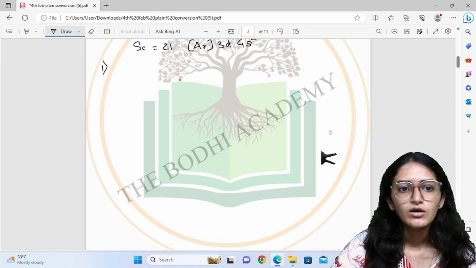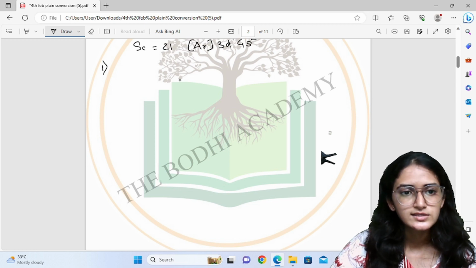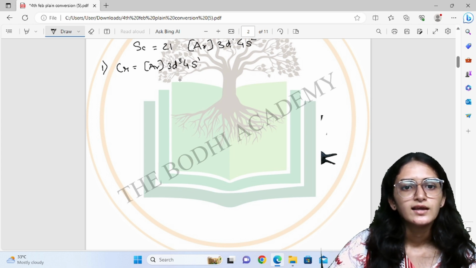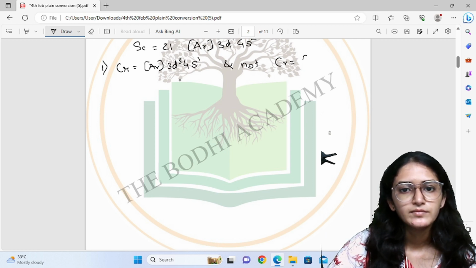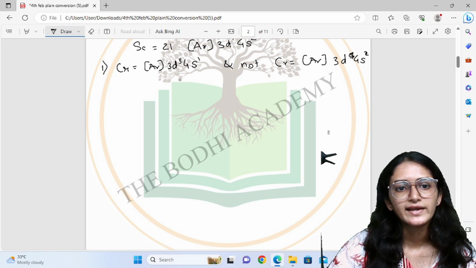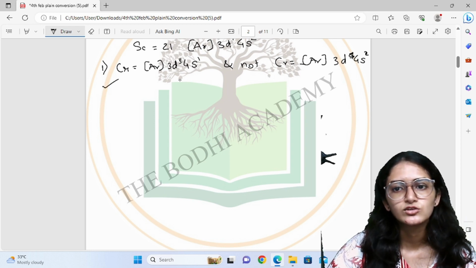The chromium configuration is argon 3d5 4s1, and the question is why it is not argon 3d4 4s2.